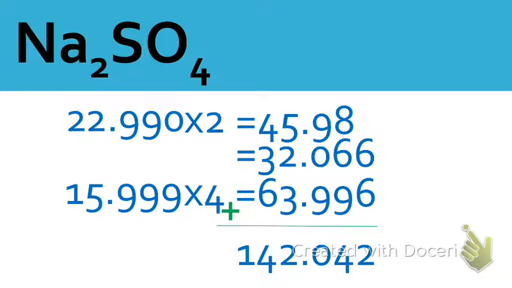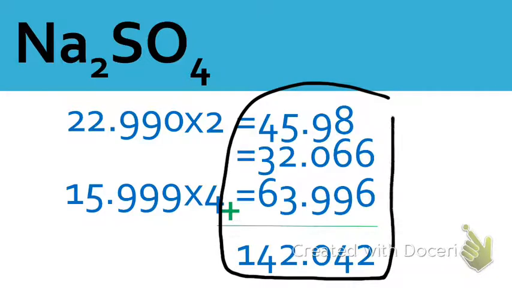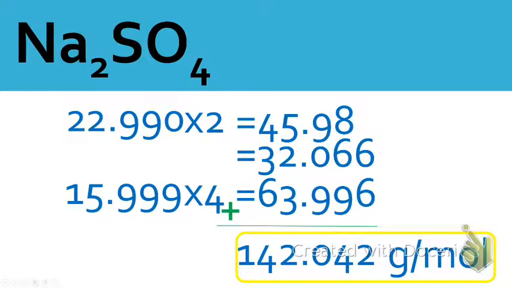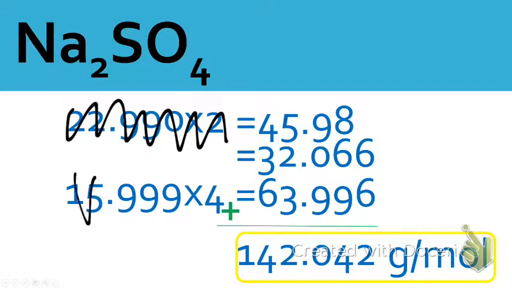Now, quick side note, I will have to see some kind of work on the test, but the only kind of work that I have to see is these individual numbers for each element and then the total. And, I mean, of course, we'd need the units on that. So I don't technically have to see any of this stuff written out.